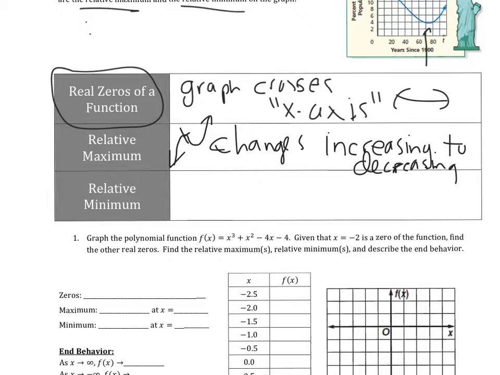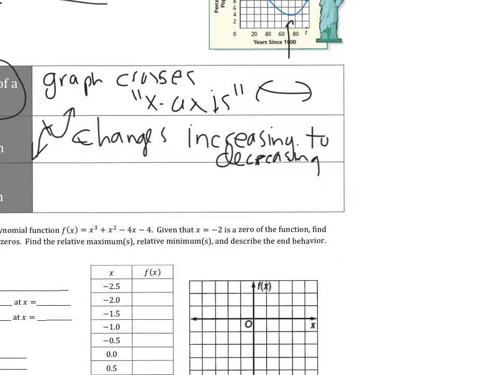So on a graph, if I've got something like this, that's going to be a maximum right there. It's changing from increasing to decreasing. I'm looking at my highest point right there.